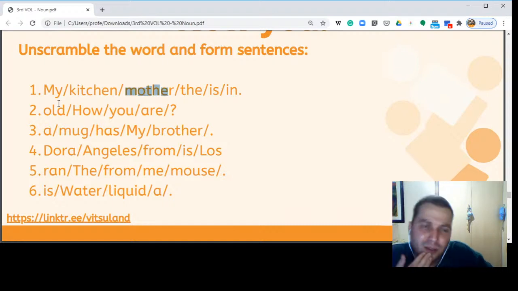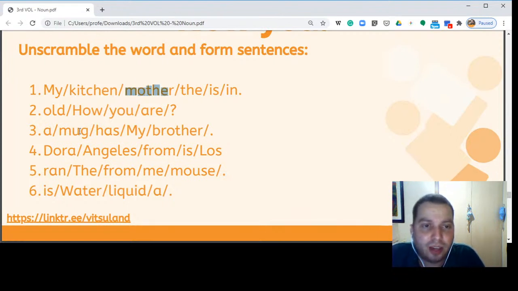So it's not properly a noun. So the old is related to your age. If you say age, age is a noun, but not in this case.